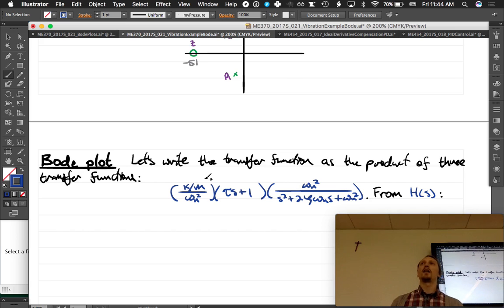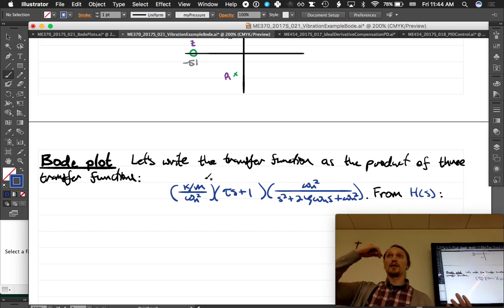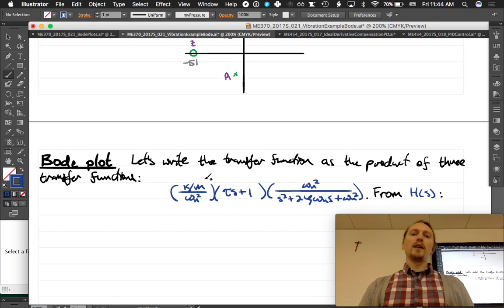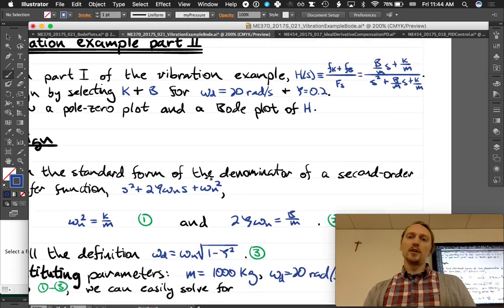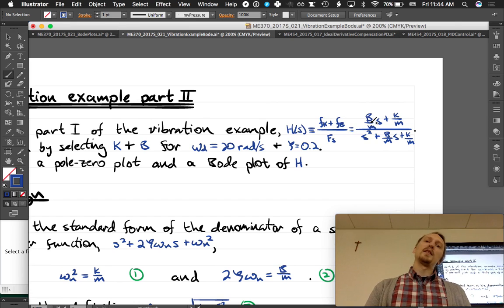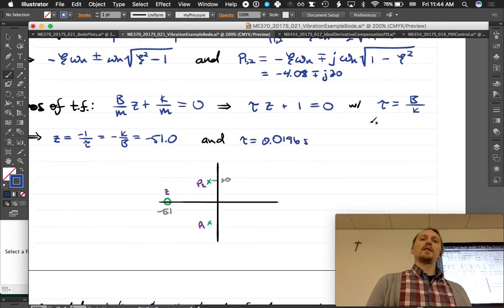And we're going to collect all those constants that we're factoring out in that front term. So we factored out a k over m. If I look back over here, we factored out k over m. And then this term that was left is by definition what tau is. We already found out what tau is, so we'll just write it as tau.